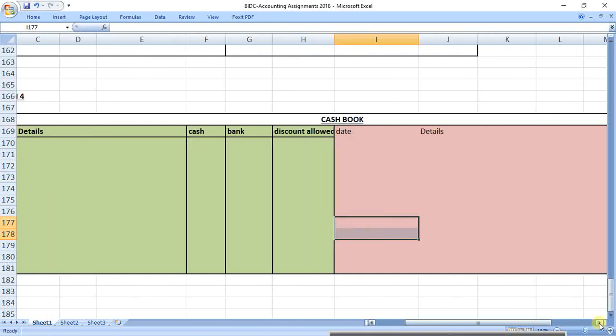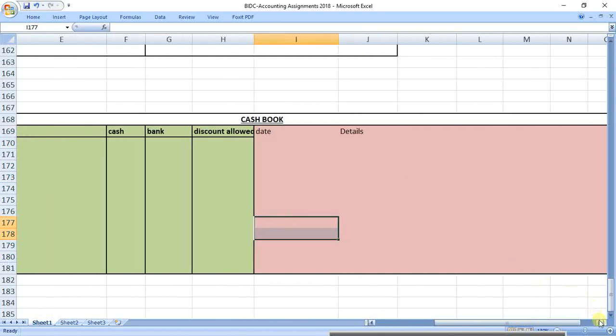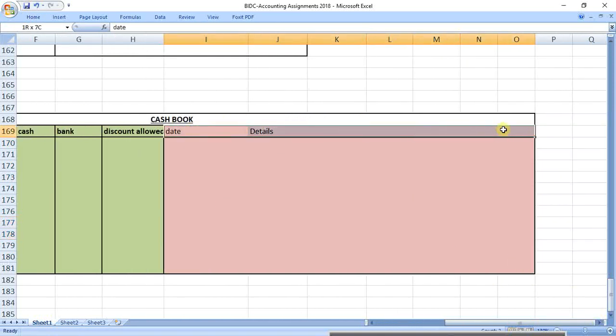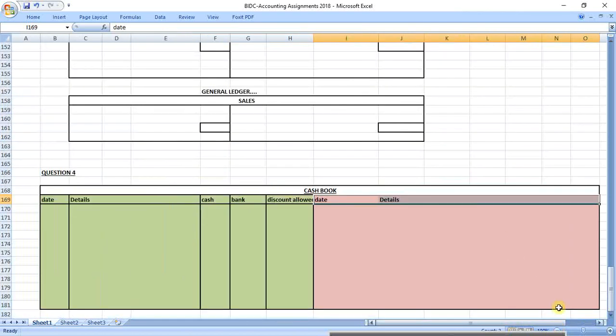Then in the cash book on the right hand side, on the credit side, you're going to have the same 3 columns: one for cash, one for bank, and one for discount received, the opposite.